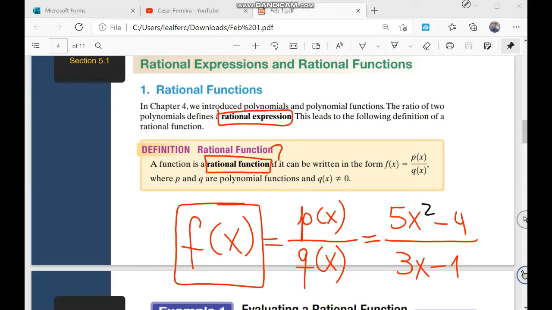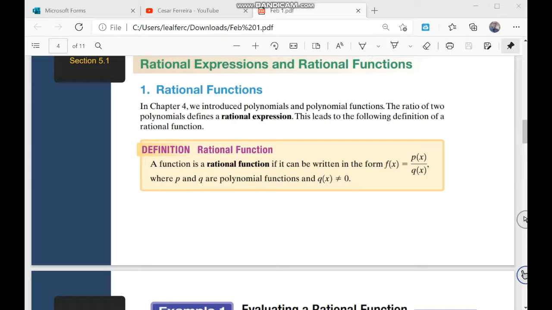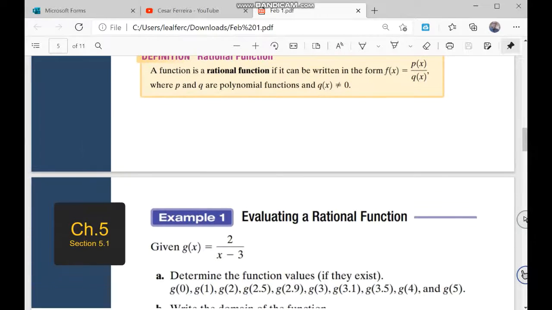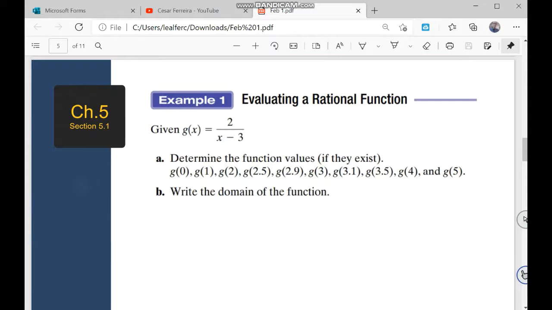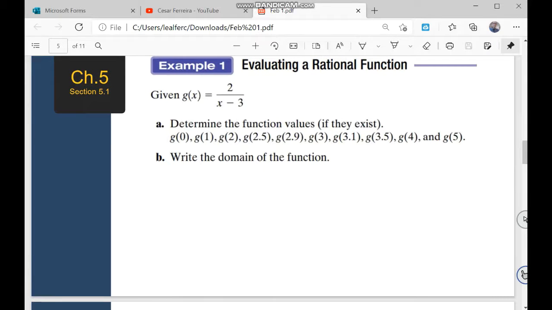Remember that last week we worked on hard questions because we were at the end of chapter 4. Now we are at the beginning of chapter 5, so we will start slowly and gradually increase the level of difficulty. Right now, very simple, very easy.